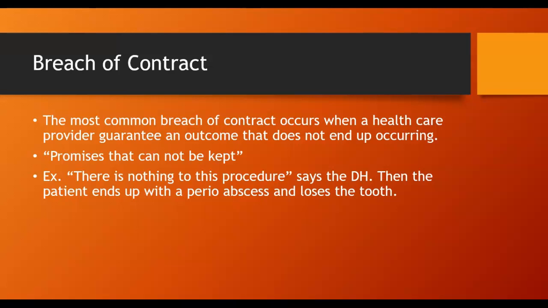And then that patient ends up with a huge abscess, the root canal fails, and they end up losing the tooth or something. We really can't look into the crystal ball and say how a procedure is going to turn out. We know that in general things have low risk, but there are always exceptions to the rule, and so you can't emphatically promise that something will turn out a certain way to a patient. They always have to know the risks involved.